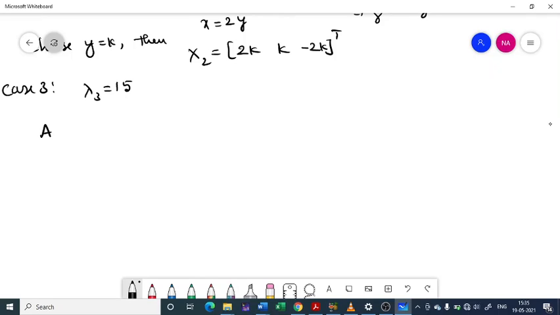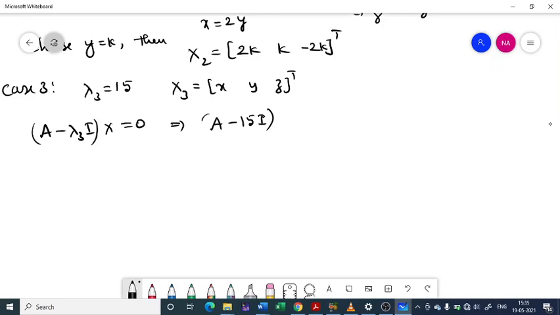A minus lambda 3 I times x3, you have to assume x3 is x, y, z transpose, equal to 0, which implies A minus 15I times x3 equal to 0.